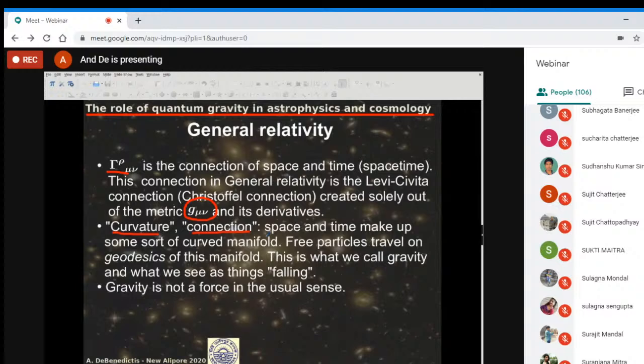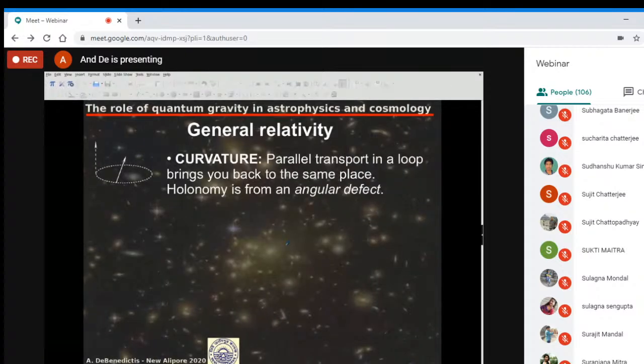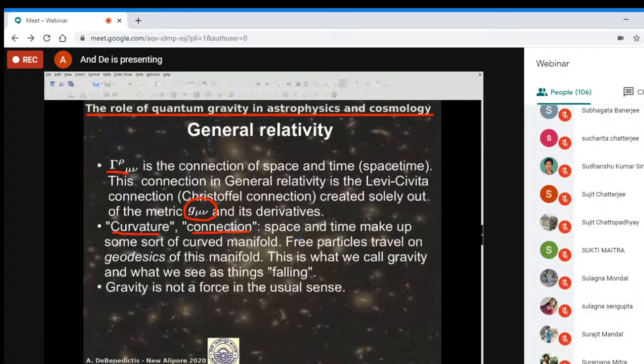describes gravitation. As Mehdi was talking about earlier, we now have a space-time, and it is some sort of curved manifold, and free particles, meaning particles with no force on them except for gravity, but gravity is now no longer a force. What is gravity now? It is just the free particles moving along the geodesics of this curved manifold.